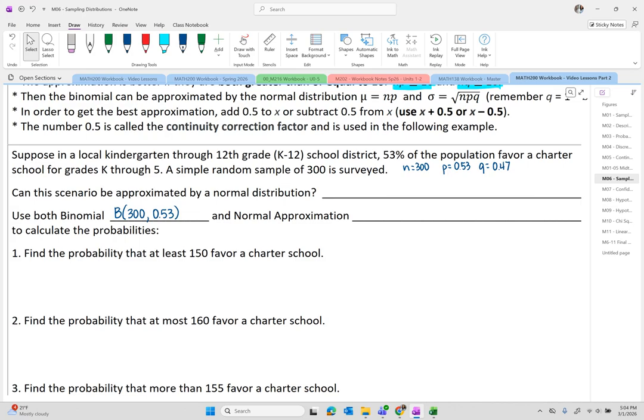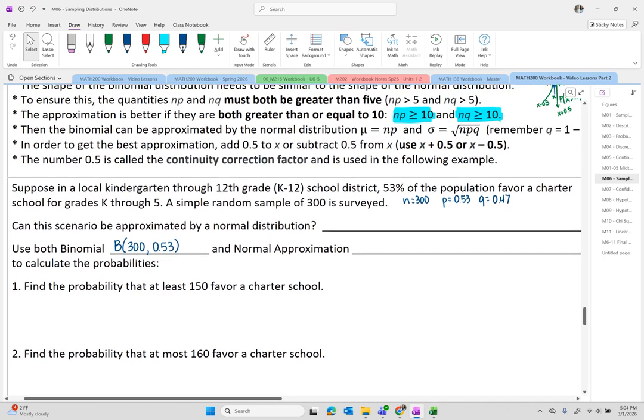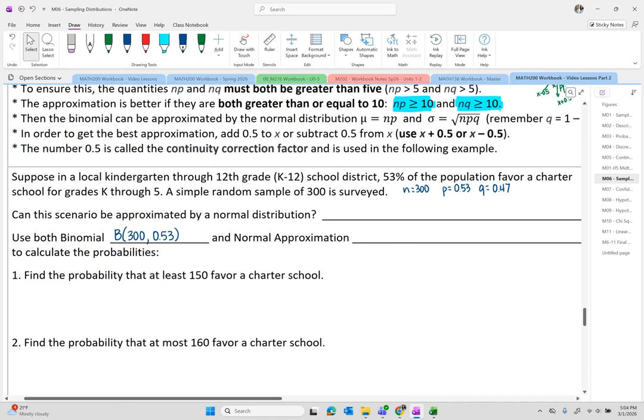So I have n equals 300, p equals 0.53, and q equals 0.47. I assume that the decisions of members of the school district are independent, so that it's always a 53% chance of favoring the charter school. Can we actually approximate this by a normal distribution?